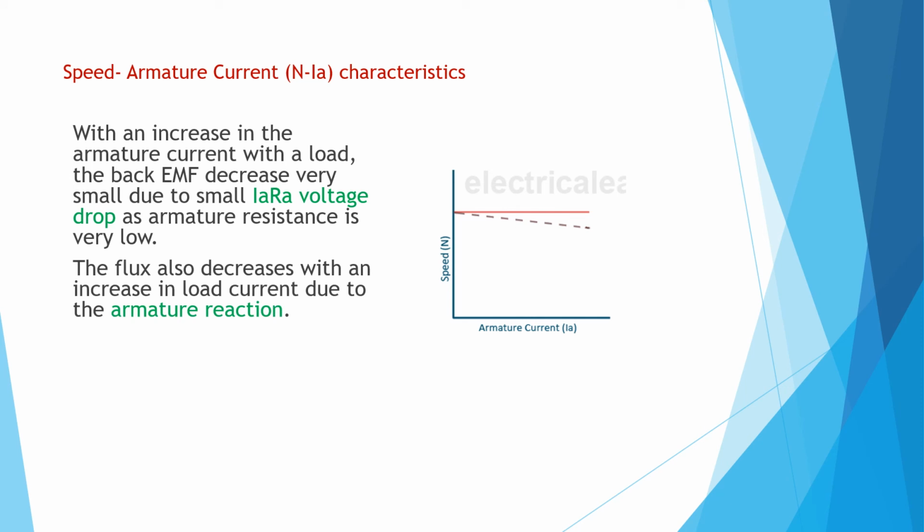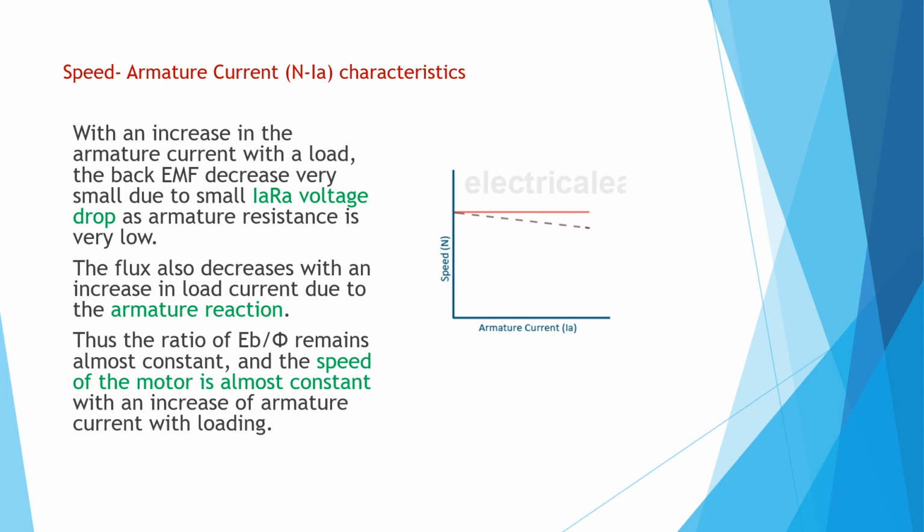The flux also decreases with an increase in load current due to the armature reaction. We will discuss armature reaction in coming slides. Thus the ratio of EB by phi remains almost constant and the speed of motor is almost constant with an increase of armature current with loading.